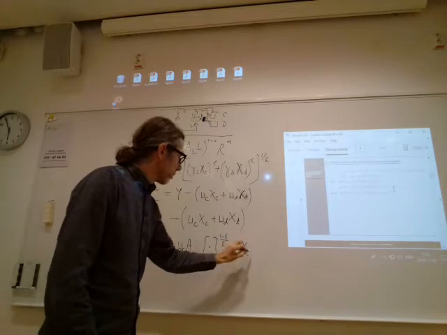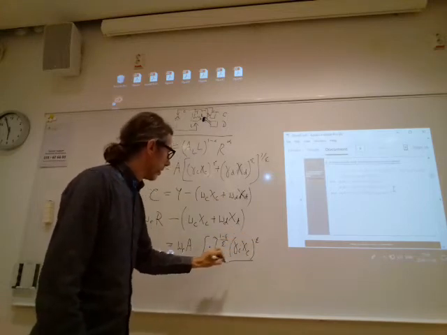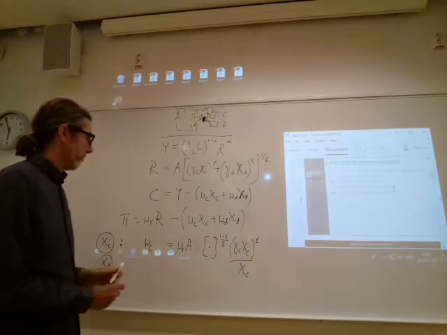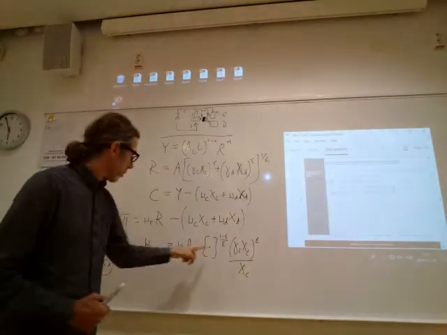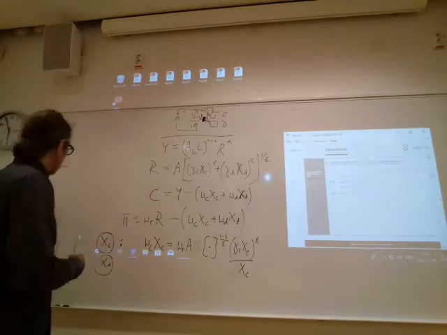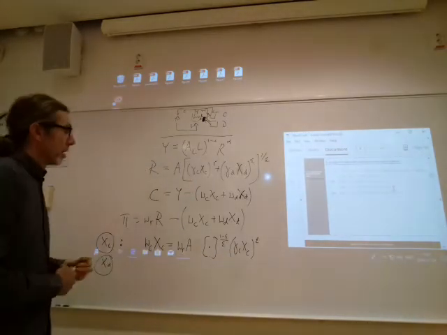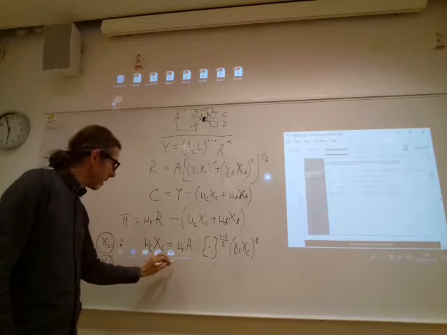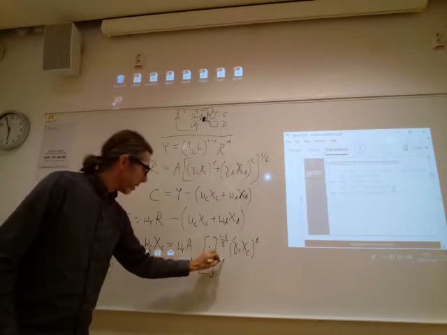Do it like an economist: gamma C XC to the epsilon over XC. And then we just bring that XC up.